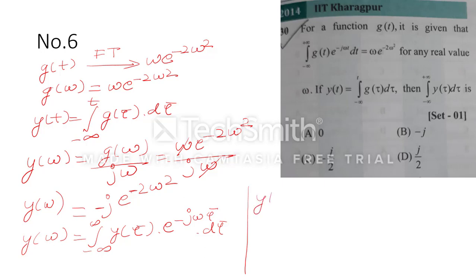So Y(ω) for ω = 0, we place this value directly: −j e^(−2ω²), and if we place ω = 0, we will get the value −j. So we can see that B is the correct option.